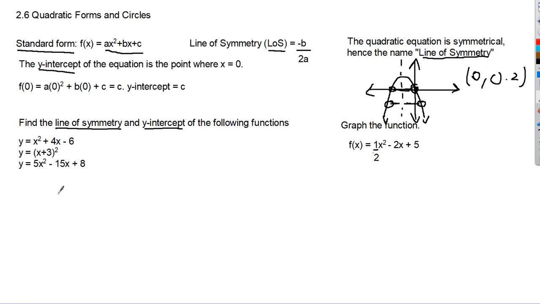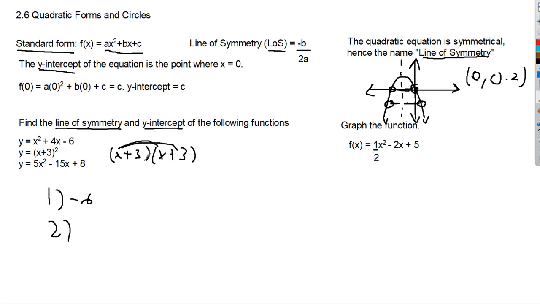So the y-intercept for the first one is -6. The second one you have to do a little bit more work. So you expand this by FOIL, which I will do right now, or by distribution. It's the exact same thing, literally.